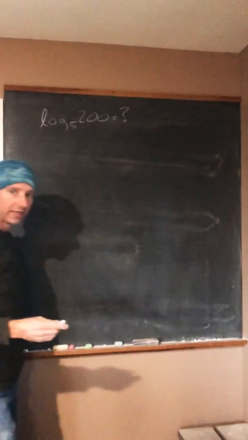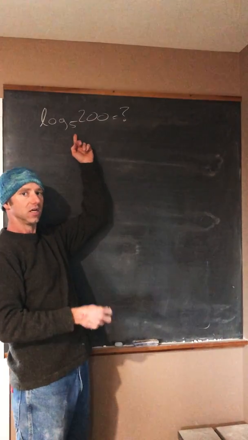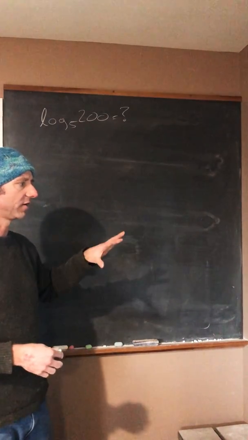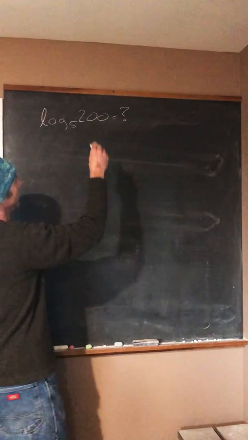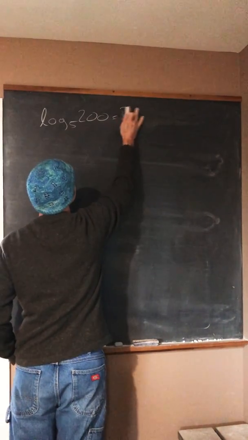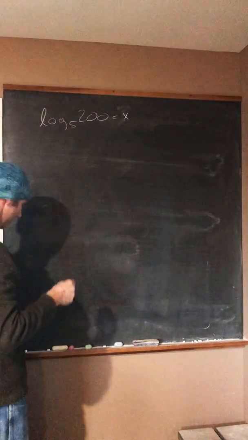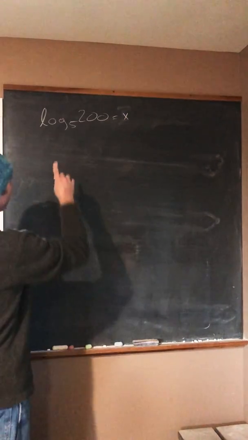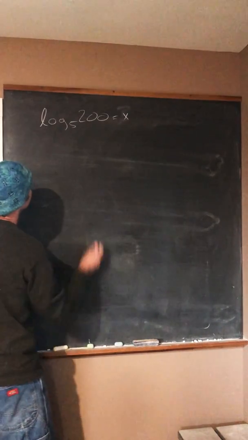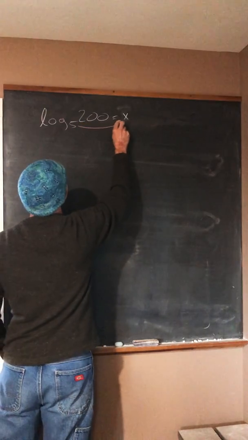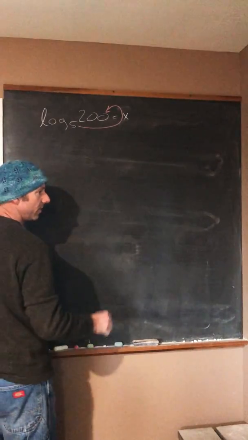What's that equal? Again, your calculator does not have a log base 5 key. We need to be creative and figure out how to do this. So, question marks aren't really good math terms, so let's throw an x here instead. And I recognize this format. 5 to the x is 200, right?